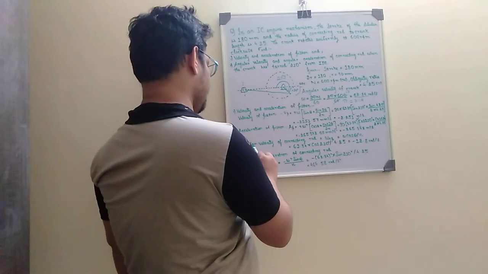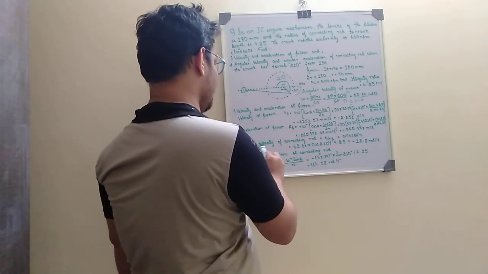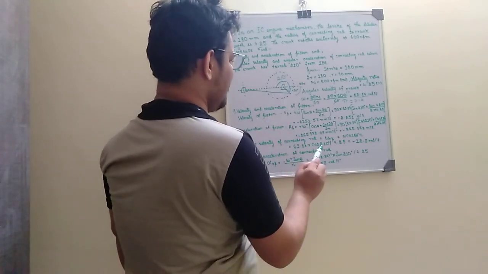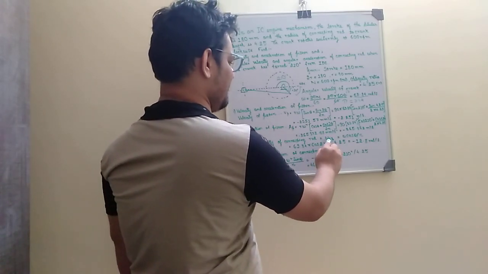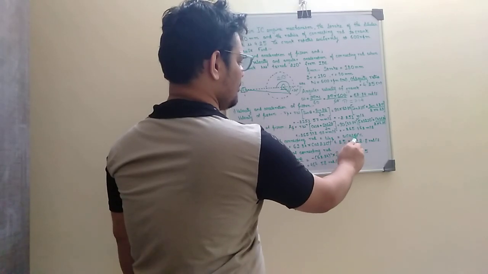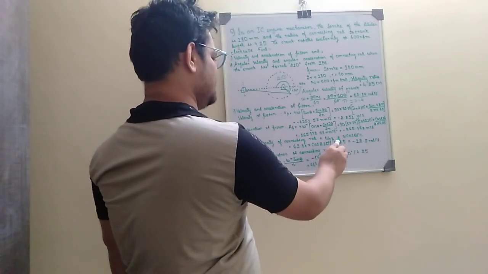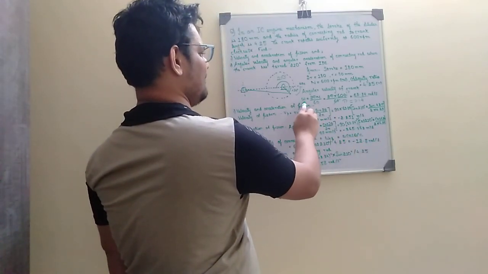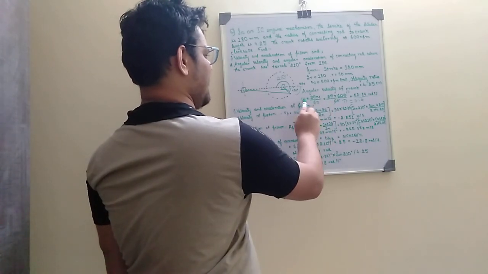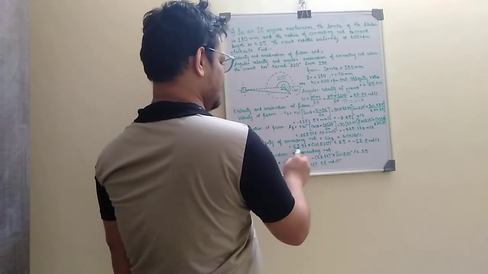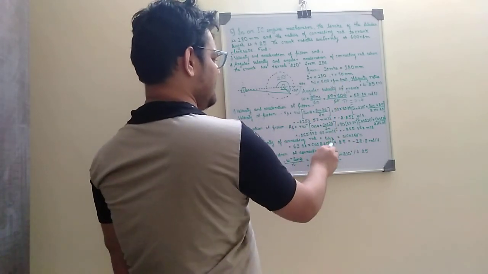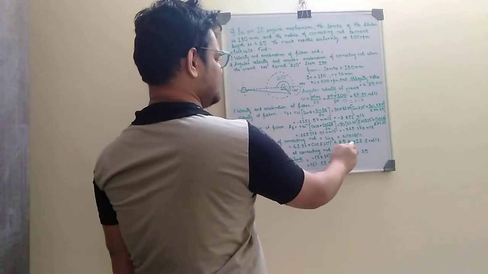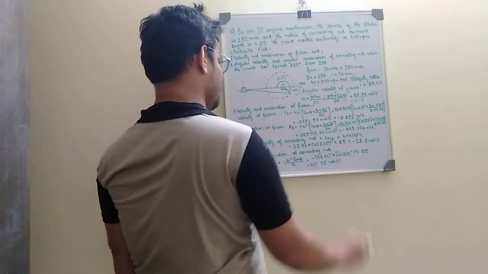Now the second part is the angular velocity of the connecting rod. Angular velocity of the connecting rod, omega CP, is omega into cos theta by n. We put in the angular velocity of the crank, omega 62.84, into cos 210 divided by 4.25, which comes as minus 12.8 radian per second.